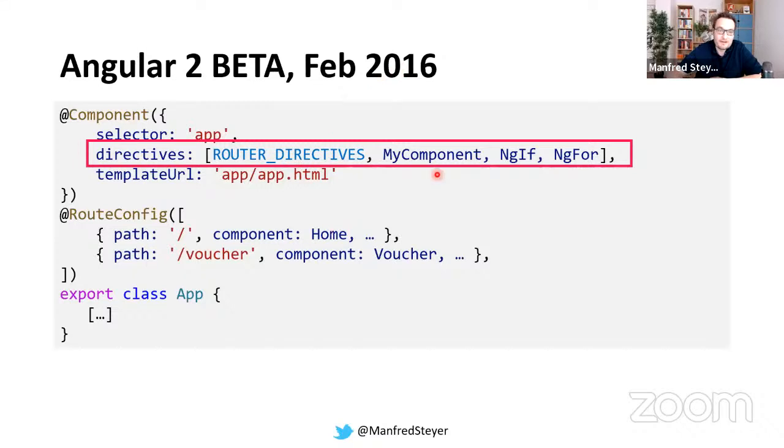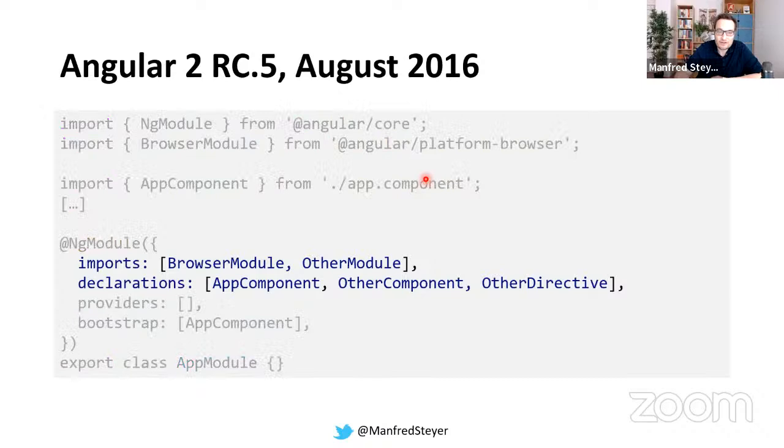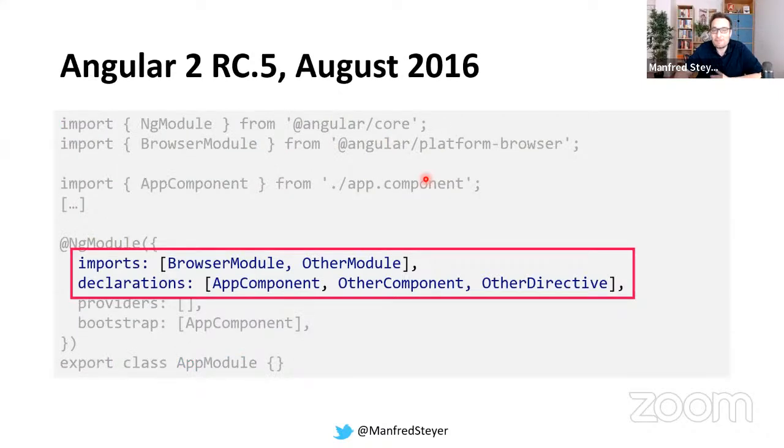2016. Some months later, however, we got a completely new feature. It was with release candidate 5. With release candidate 5, we get a completely new feature. We've got ng modules, something that was not even intended to be implemented. We got it because we needed somehow a way to define the neighborhood of our components.